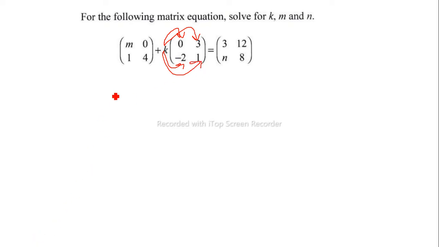We're going to say this is equal to, in brackets, M, 0, 1, and 4, close bracket, plus, remember what we said, we're going to multiply K by every entry inside this matrix. So what is K times 0?